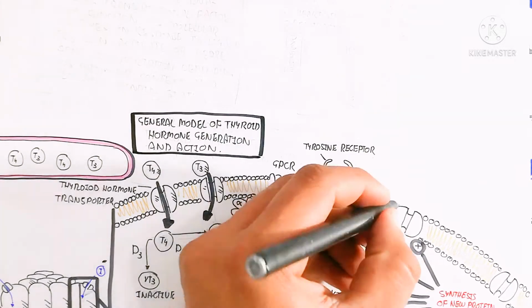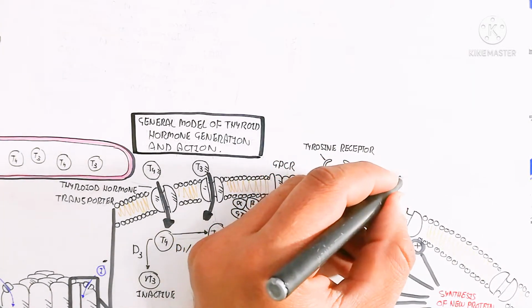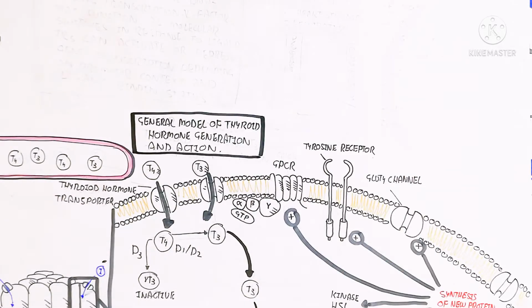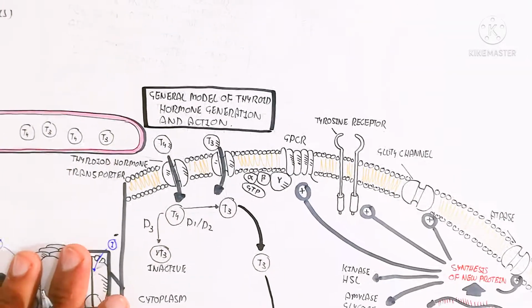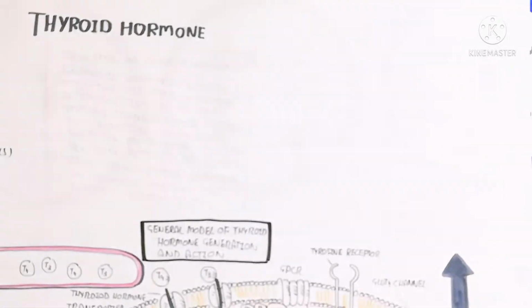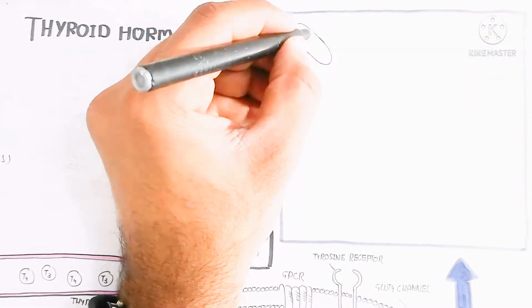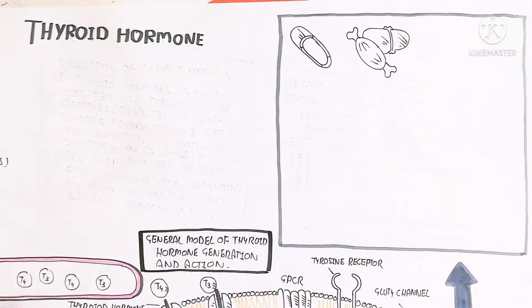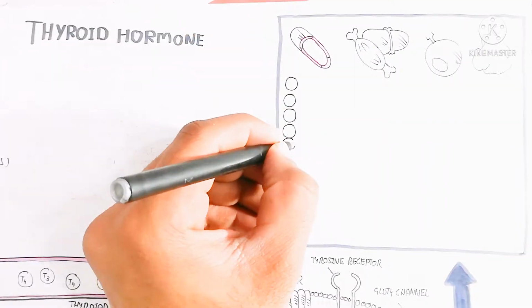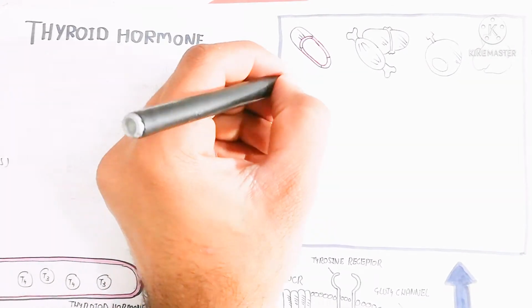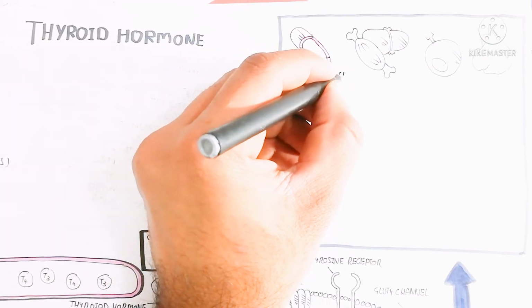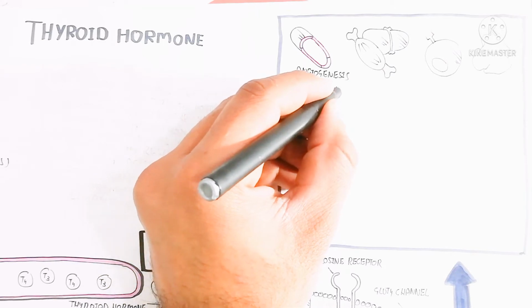Meanwhile, different channel proteins can be synthesized: GPCR, G-protein coupled receptor, and tyrosine receptor, and GLUT4 channel for influx of glucose for more metabolism. So the glucose will move more inside for more metabolic heat production, and ATPase also. So here let's understand that angiogenesis and cardiac output will be increased.